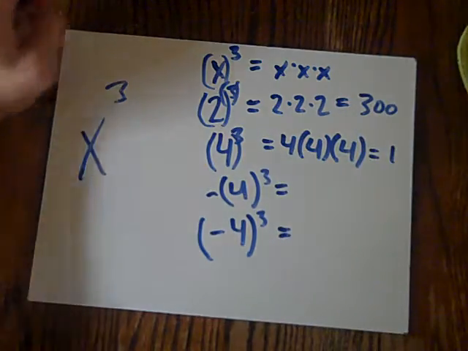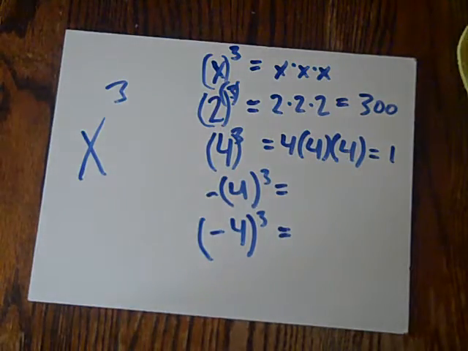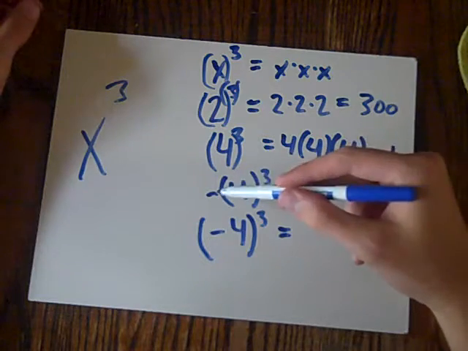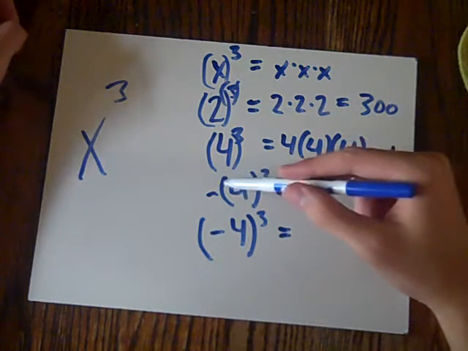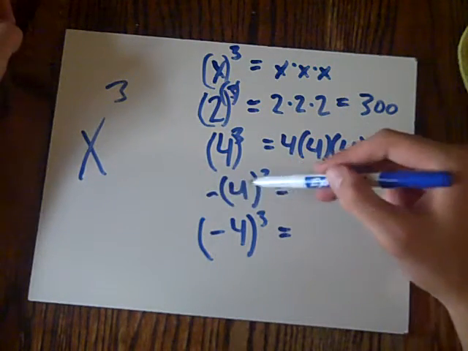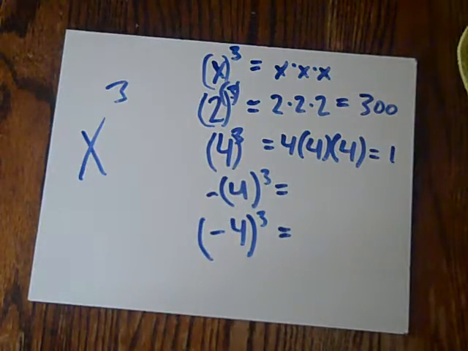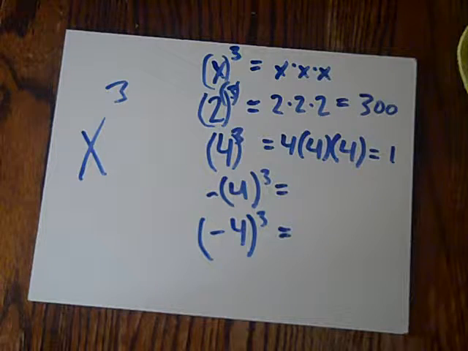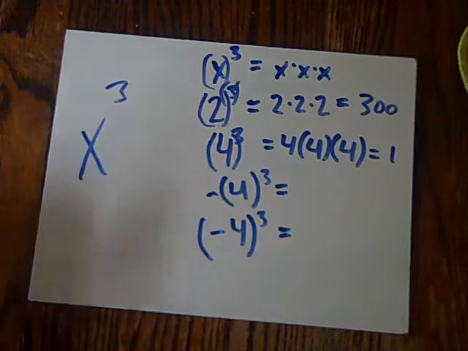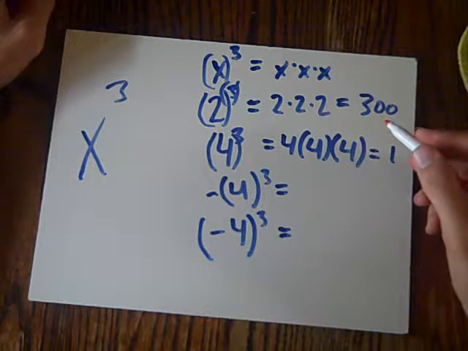Wait, I realized that I need to take a step back and explain something. What do you evaluate first? You've got a negative sign, a parentheses, and an exponent here. How are we supposed to evaluate that? Well, I'm going to get another marker and show you.